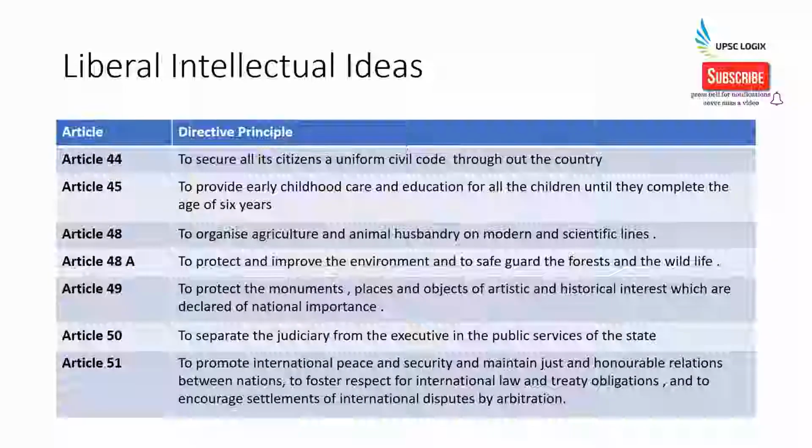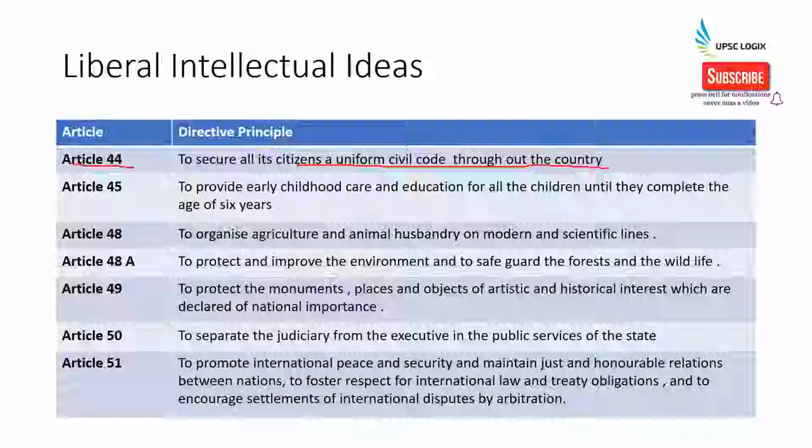The principles included in this category represent the ideology of liberalism. So these are the liberal intellectual ideas, and let's have a look at them. Article 44, a very important article which has always been asked in a lot of examinations, states to secure for all its citizens a uniform civil code throughout the country.